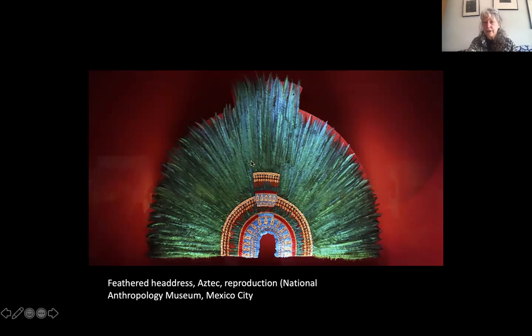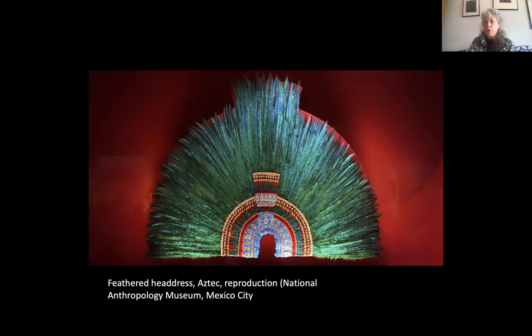These are quetzal feathers. A quetzal is a type of bird that lives in Belize and Costa Rica, and each bird has two long tail feathers. So if they captured enough of these quetzals, they could get enough feathers to make an elaborate headdress. This is one of the things that really impressed Cortez when he arrived in Mexico City, these amazing headdresses.